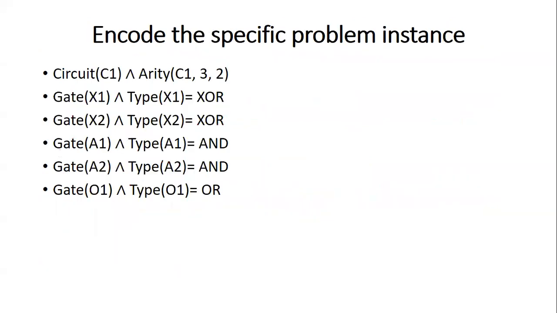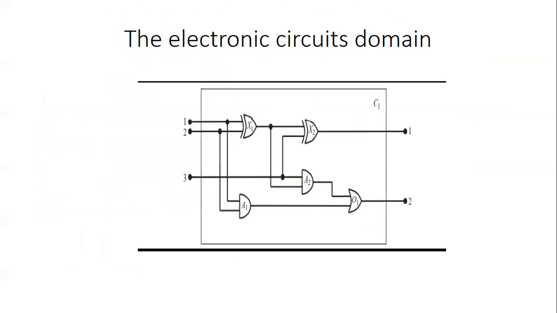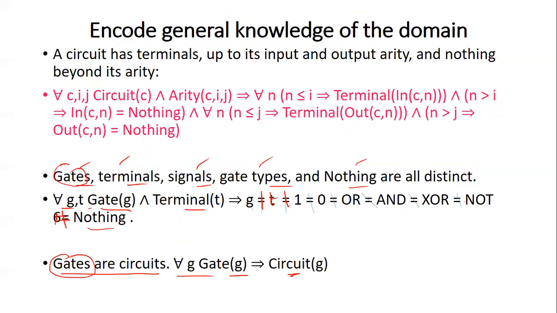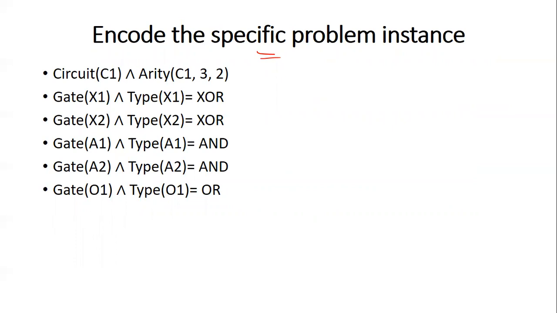Now let us encode the specific problem instance. For the given problem, for the circuit we want to represent, there will be some specific information. Let us encode that knowledge now. At the top level, we are saying circuit of C1 and arity of C1, 3, 2. What does it mean?